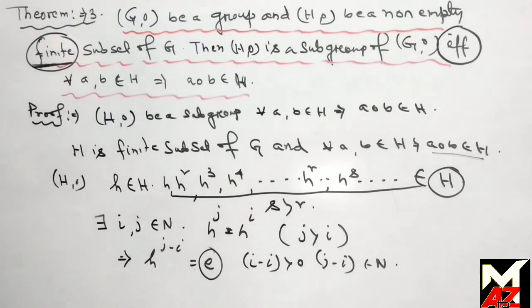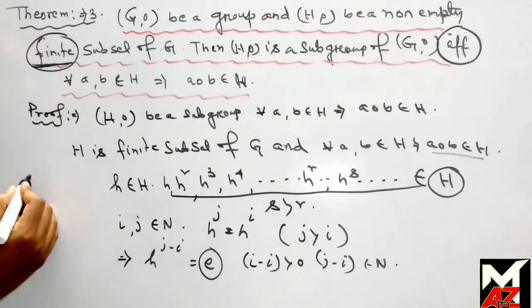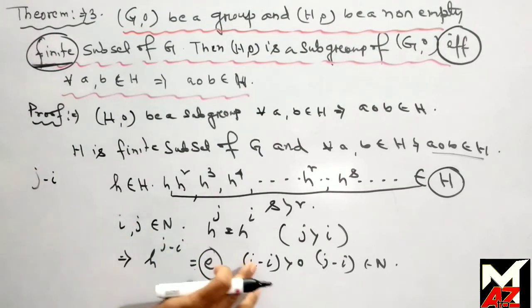Now here we see that j minus i is greater than 0.